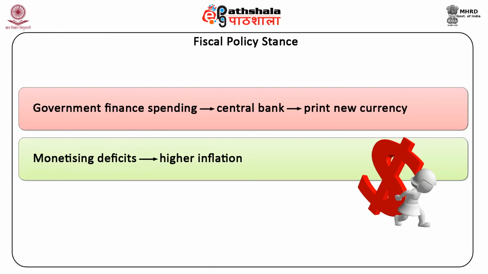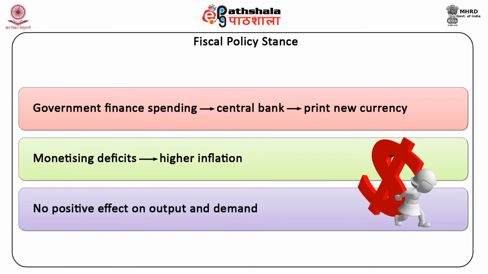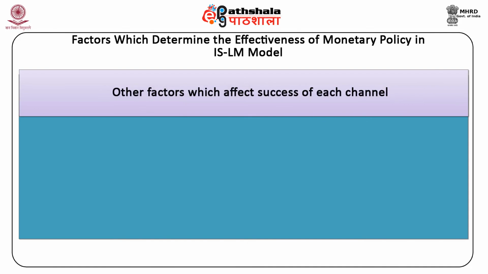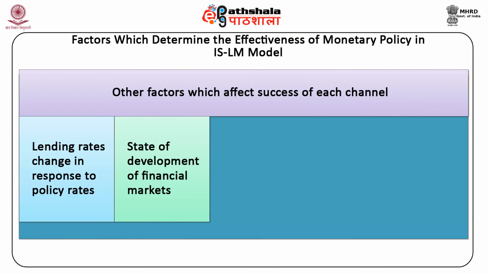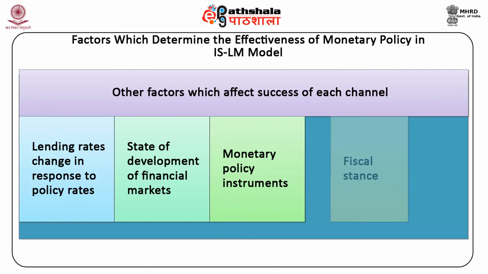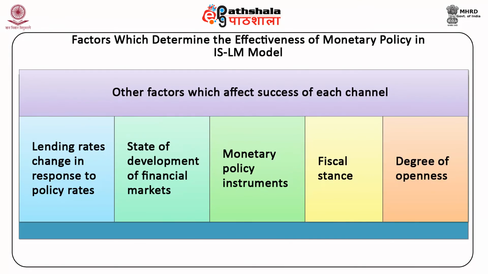This leads to only inflation in the economy with no positive effect on output and demand. Apart from previous, there are many factors like how fast lending rates change in response to policy rates, the state of development of financial markets, the available monetary policy instruments, the fiscal stance, and the degree of openness on which the success of each channel depends.